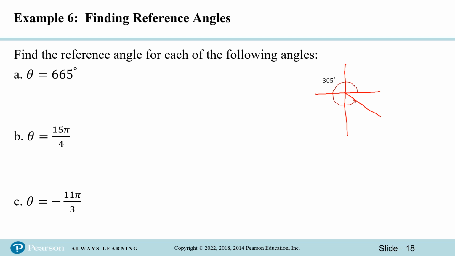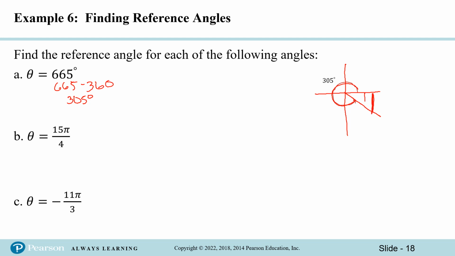So we take the 665. Notice it's bigger than 360. So we subtract off 360. And we get 305 degrees. So here's my 305 degrees.